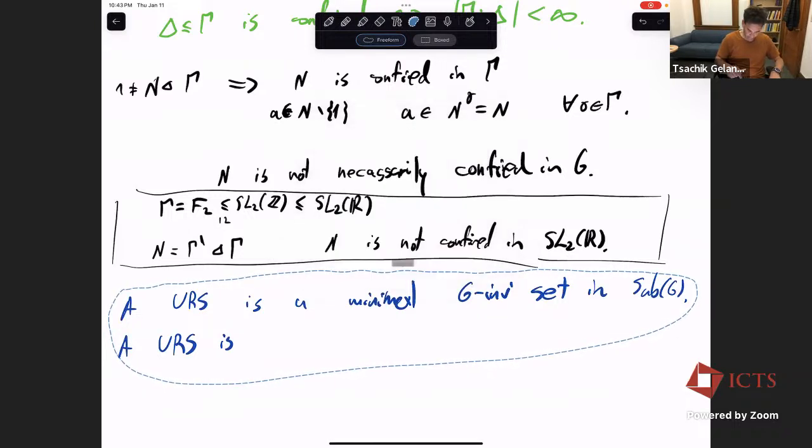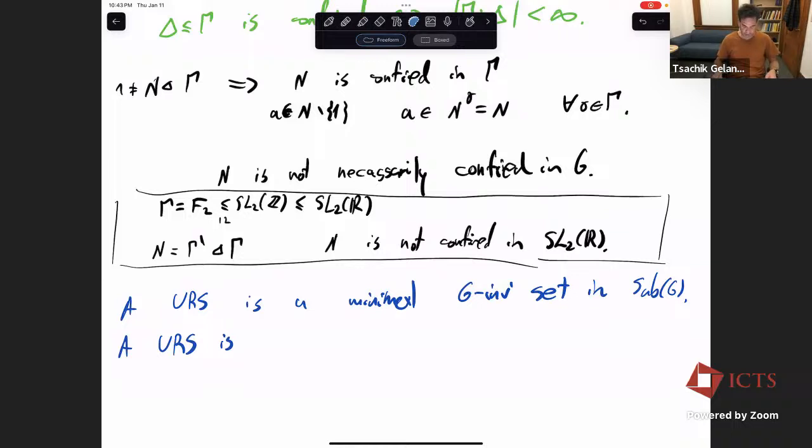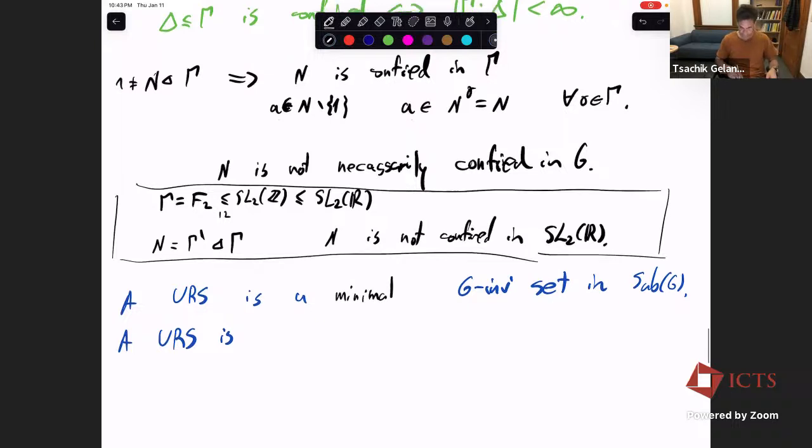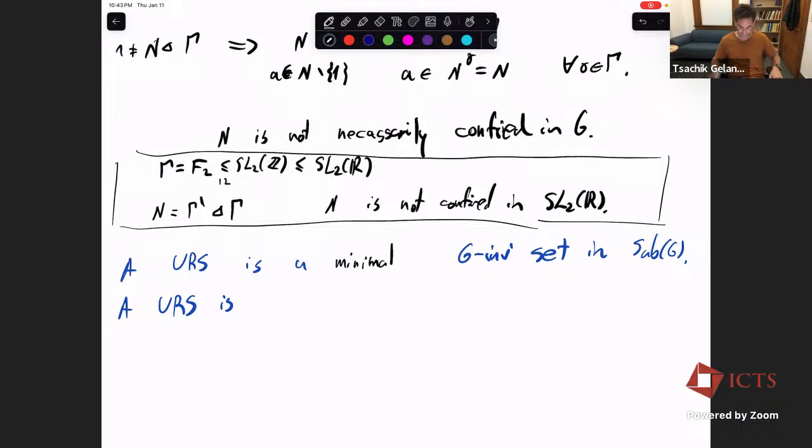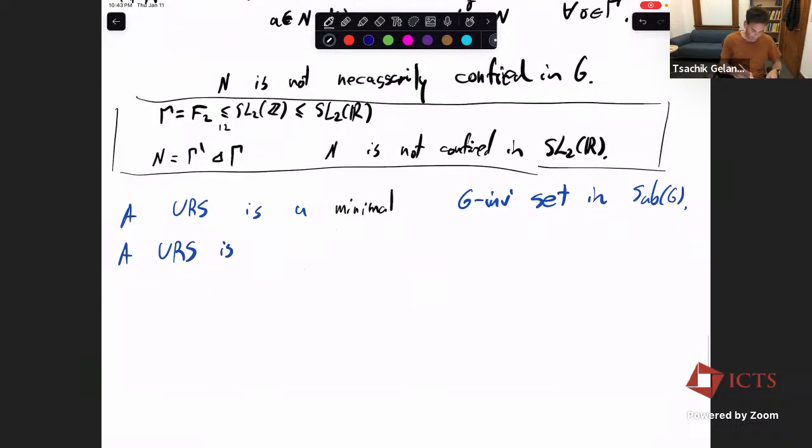Now, let me state the more general version. Recall a URS is a minimal G-invariant subset of Sub G, and we say that a URS is reducible.